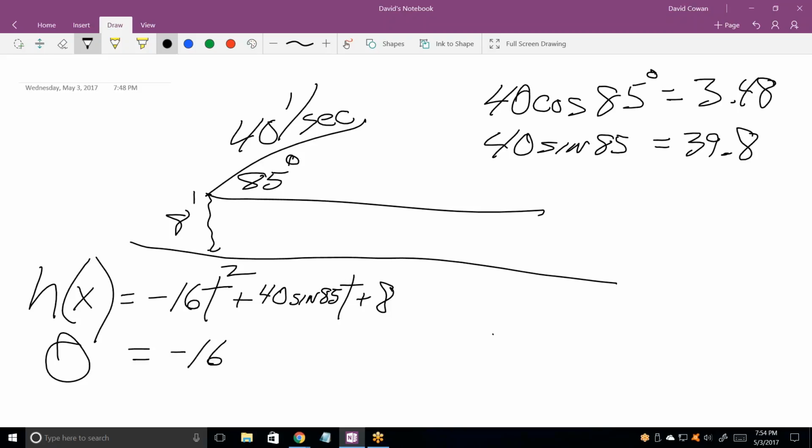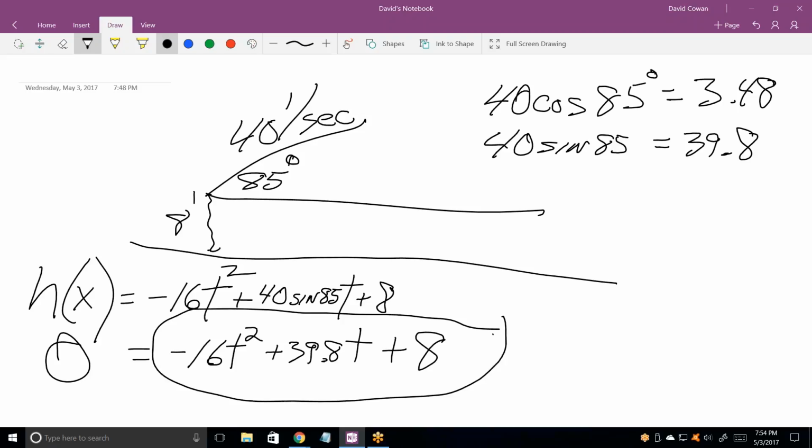So I've got minus 16 t squared plus 39.8 times t plus 8. There's your quadratic. That will produce two solutions for t. One of them will be negative, throw that out. The other will be the time that it hits the ground.